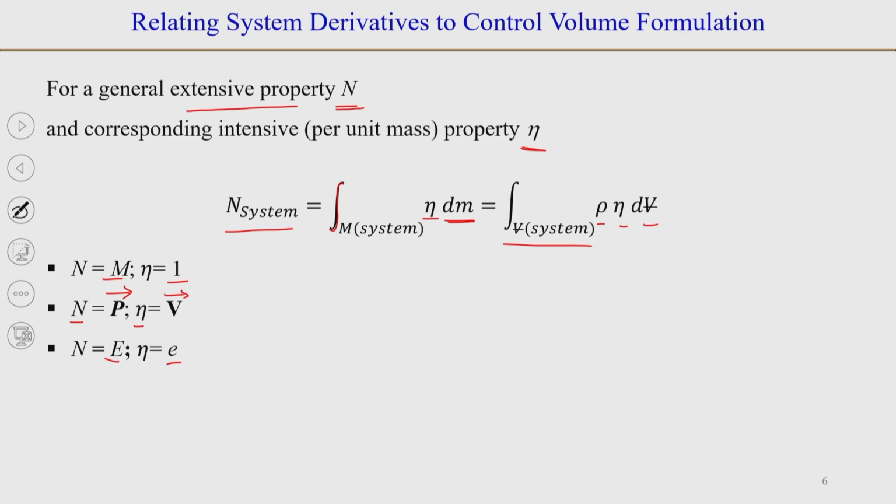So, when we use the principle that we derive today, which is the Reynolds transport theorem, we can substitute E and e for N and eta, or P and V for N and eta, or M and 1 for N and eta, depending on whether we are using energy conservation, momentum conservation or mass conservation.